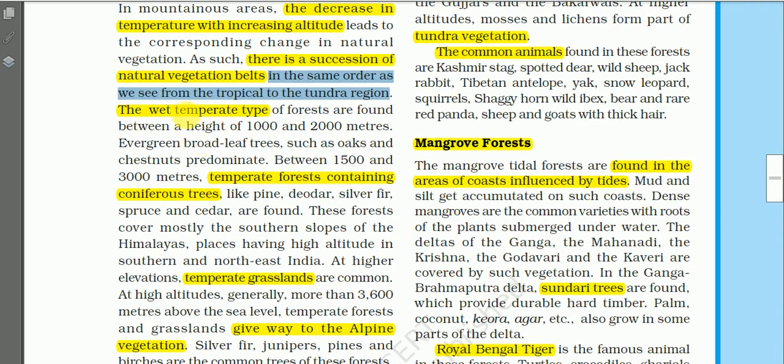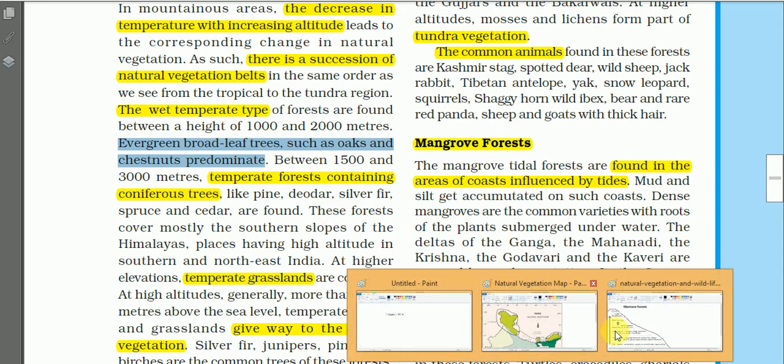So at the foothill, wet temperate type of forests are found between heights of 1000 and 2000 meters. And here evergreen broadleaf trees such as oaks and chestnut predominate.